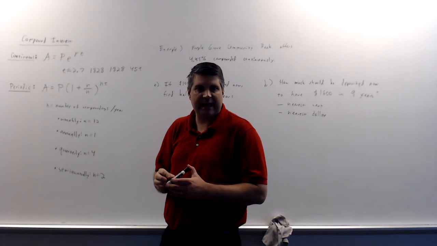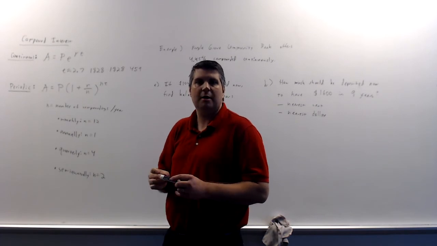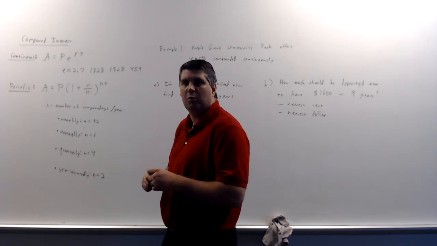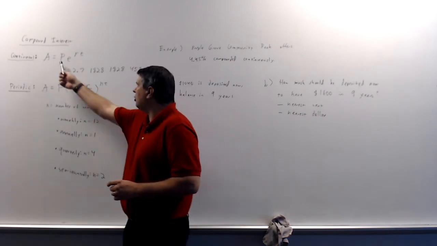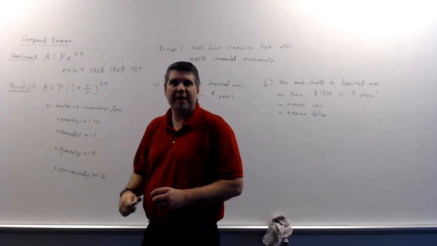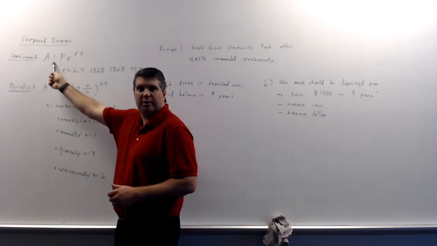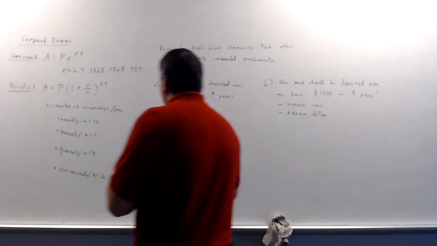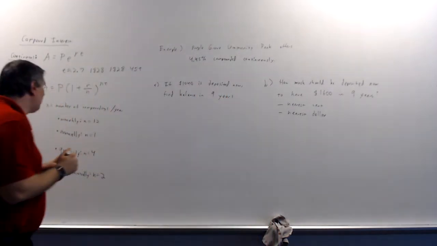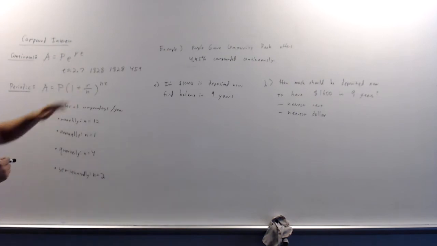Business math classes, advanced business math classes, and applied calculus classes, which is usually business calculus, usually include both of them as well. I think it's easier to start with continuous, so that's what I'm going to do first. But I will at least give people an idea of what periodic looks like for later.